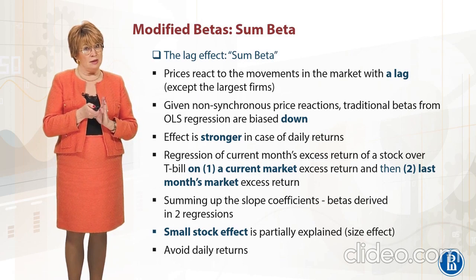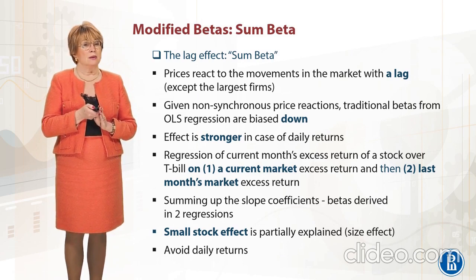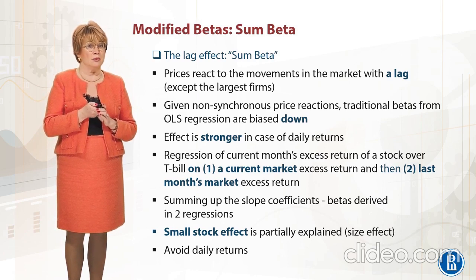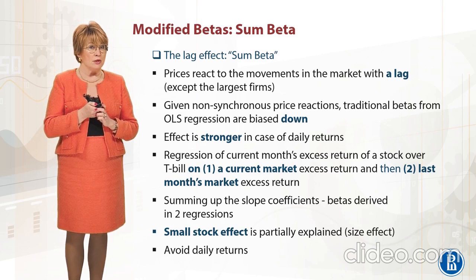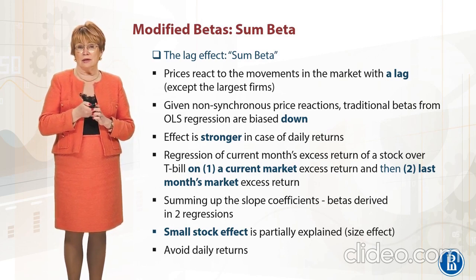So given that approach, which means those different companies are not simultaneously reacting to the changes in the market return, it says that the true betas, which are derived from the regression analysis, are biased down. They are less than they should be.